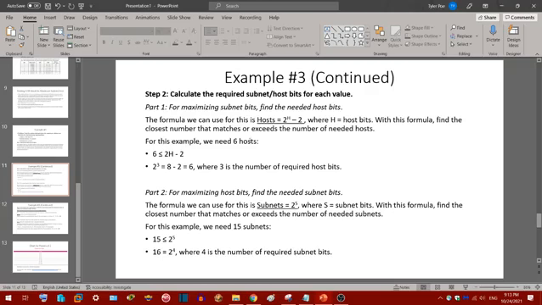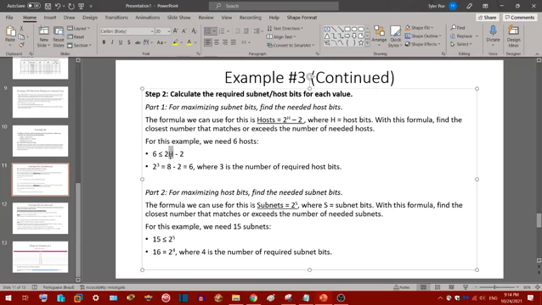For this example, we need 6 hosts. So 6 must be less than or equal to 2 to the h power minus 2. The number that will match this is 2 to the third power equals 8, minus 2 equals 6.